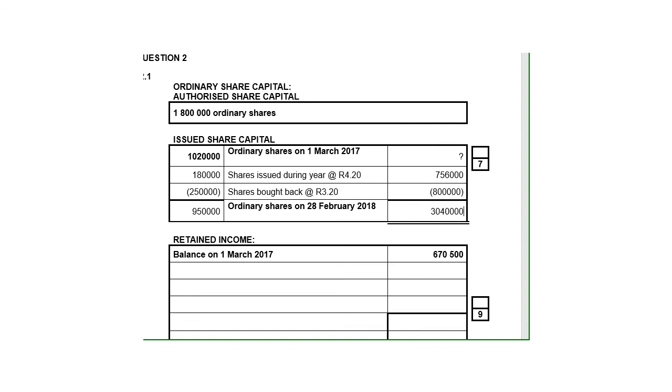And I then get the answer, which should give me 3,084,000. So my balance at the beginning, 3,084,000. And that is it. We've now completed everything we need for the ordinary share capital note. So we can move on to retained income.